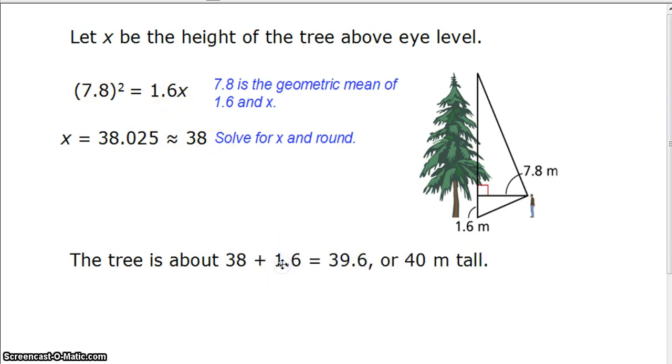So 38 plus the 1.6, her height, equals 39.6, or about 40 meters tall. So geometric mean is a great way to find the height if you have these other measurements. You might see surveyors doing that on the roadways around town.